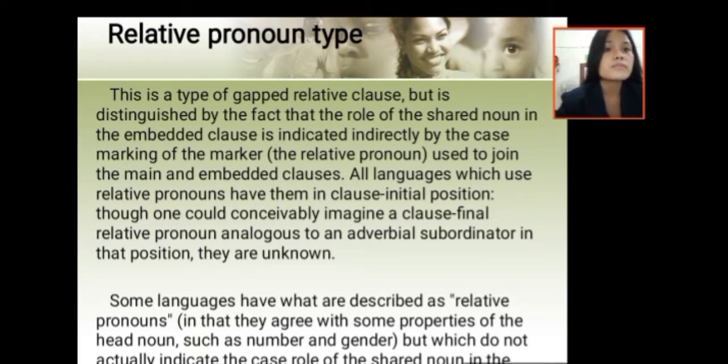Thus one could conceivably imagine a clause-final relative pronoun analogous to an adverbial subordinator in that position, but they are unknown.